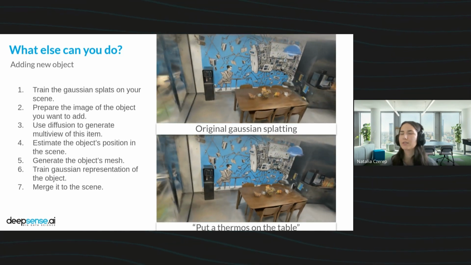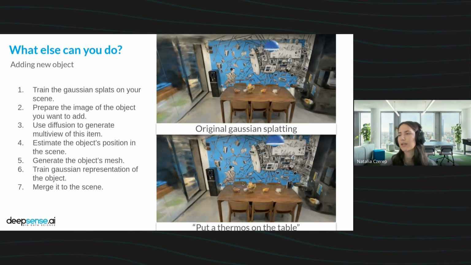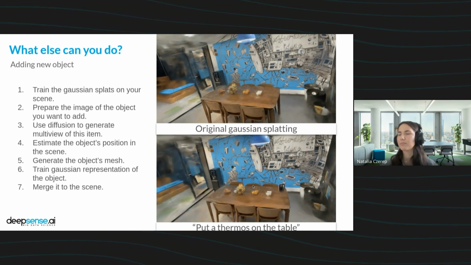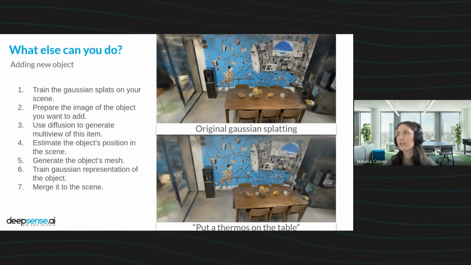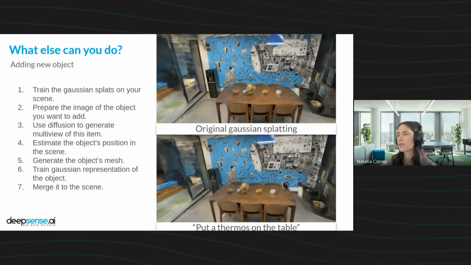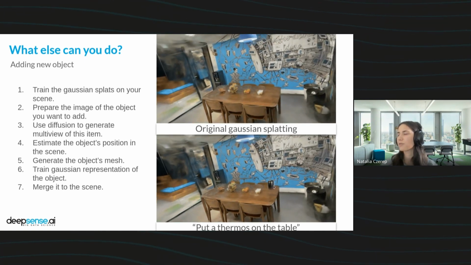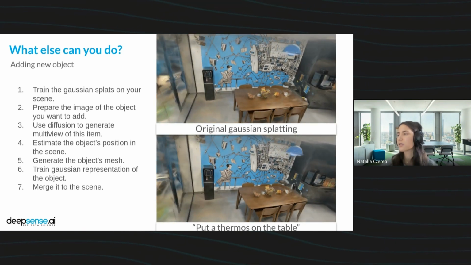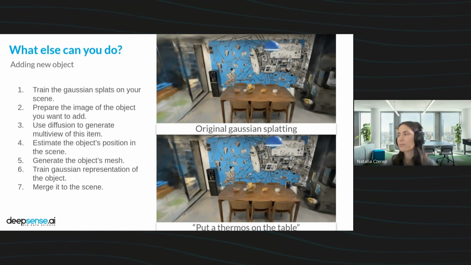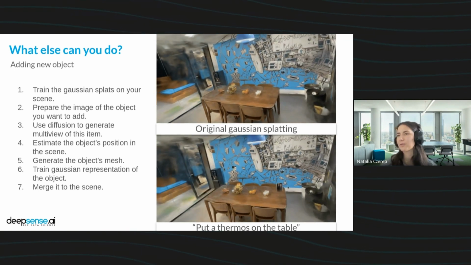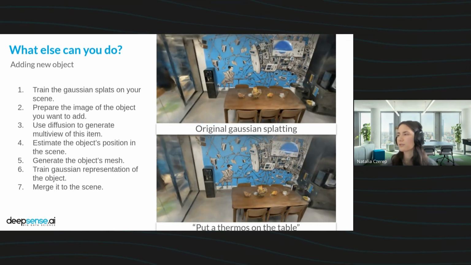We trained a Gaussian splatting representation of the object and merged it to the initial Gaussians of the scene. So as you can see, the thermos on the table can be seen from different angles. It's not disrupting the background, so I think it looks really cool.